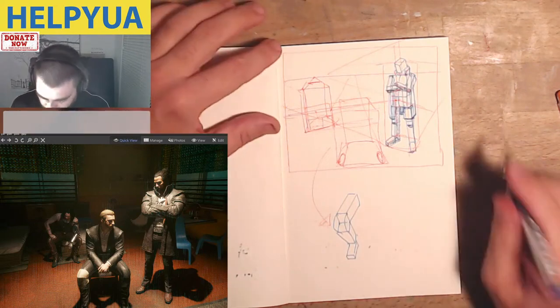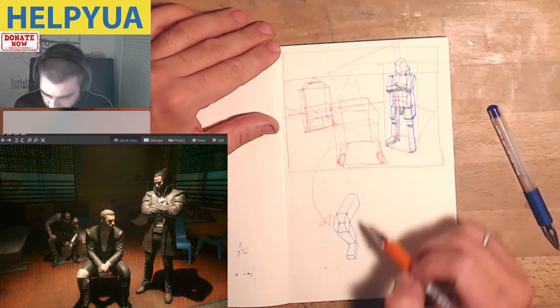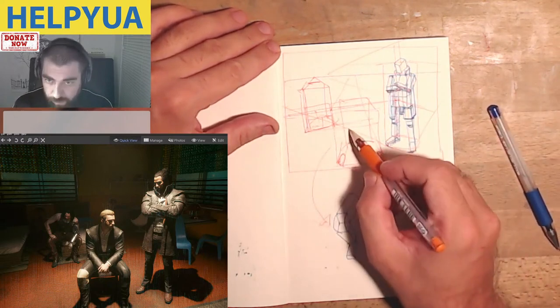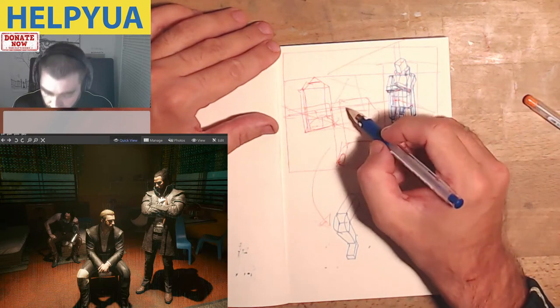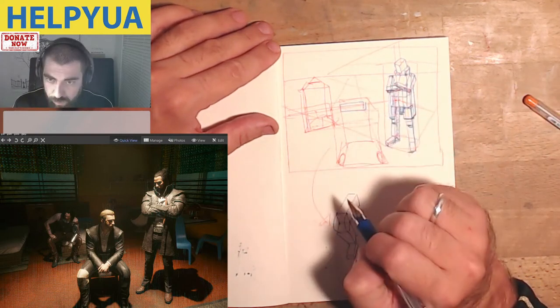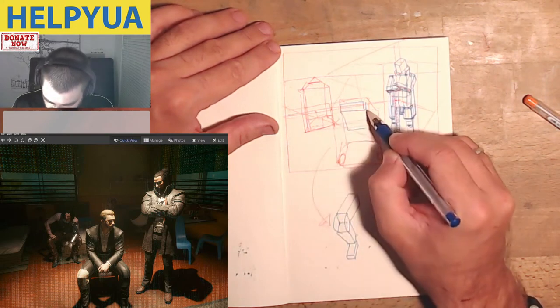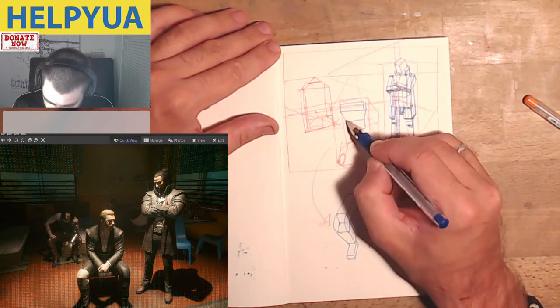Like this. So again we can see his torso looking at the front. Here it's like this.